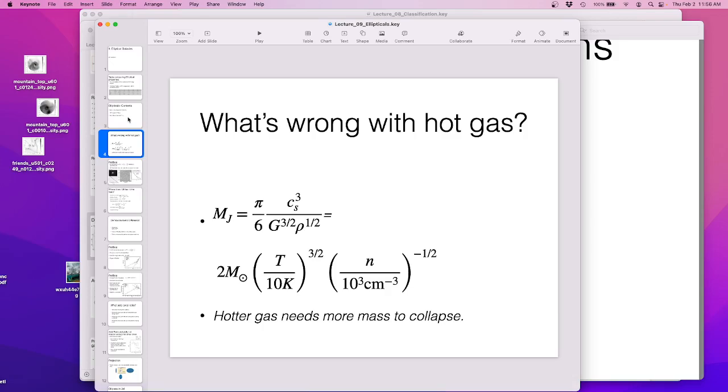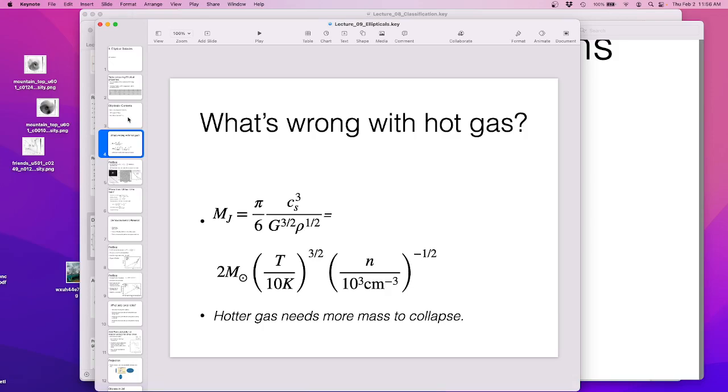Put more accurately, this is the biggest thing that can form that won't collapse. Anything bigger than this certainly collapses. So this is the typical scale of how massive a blob of gas can be to collapse, and I'll show you where it comes from. It's basically pressure pushes out, gravity pulls in. You just relate those two time scales and you get a size.